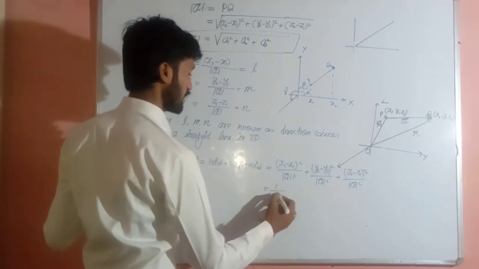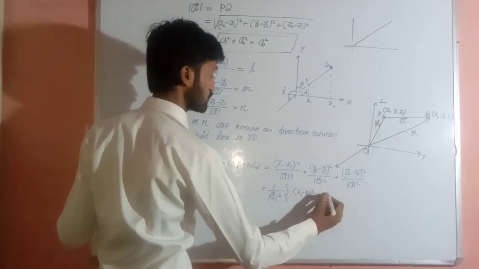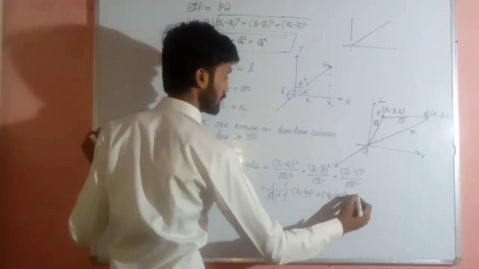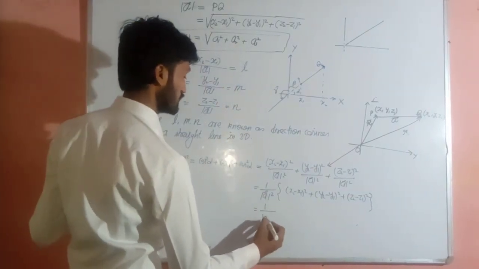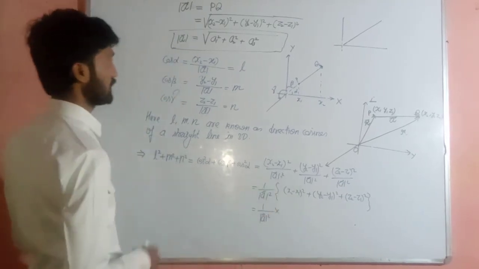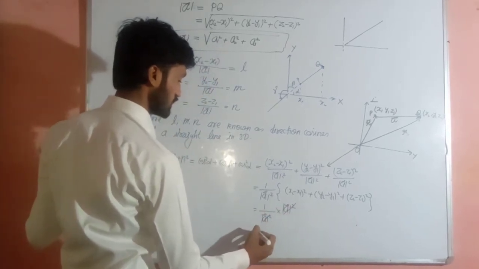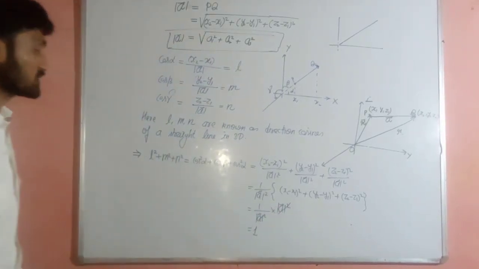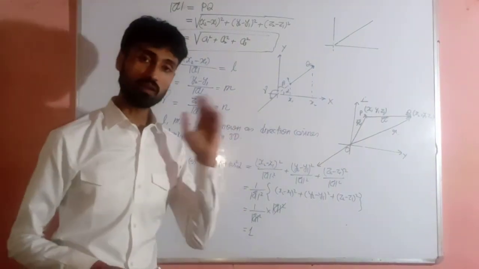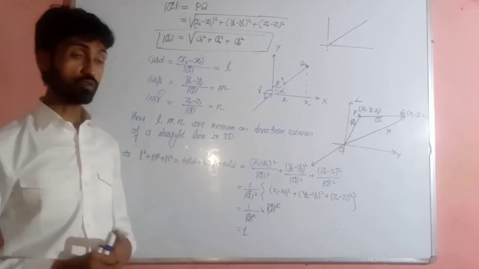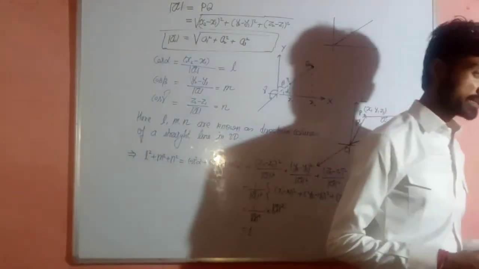Mod of vector A square comes out common: (x2 minus x1) square plus (y2 minus y1) square plus (z2 minus z1) square, and this is equal to mod of A square, which cancels out. That is, the sum of the squares of the direction cosines is always equal to 1. Remember this point, which is very, very important for examinations, and many problems can be solved easily with the help of this property.